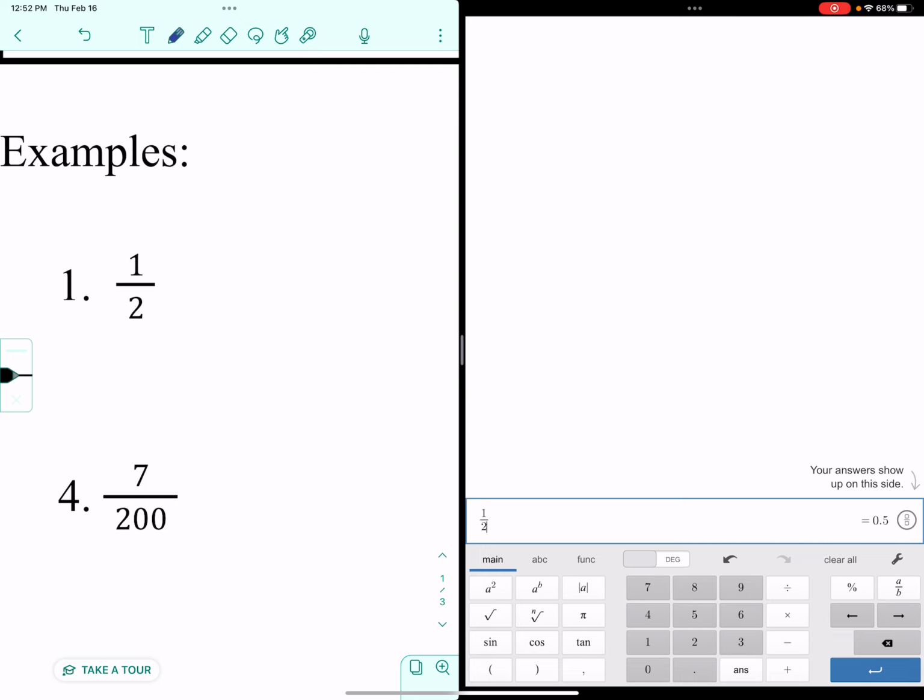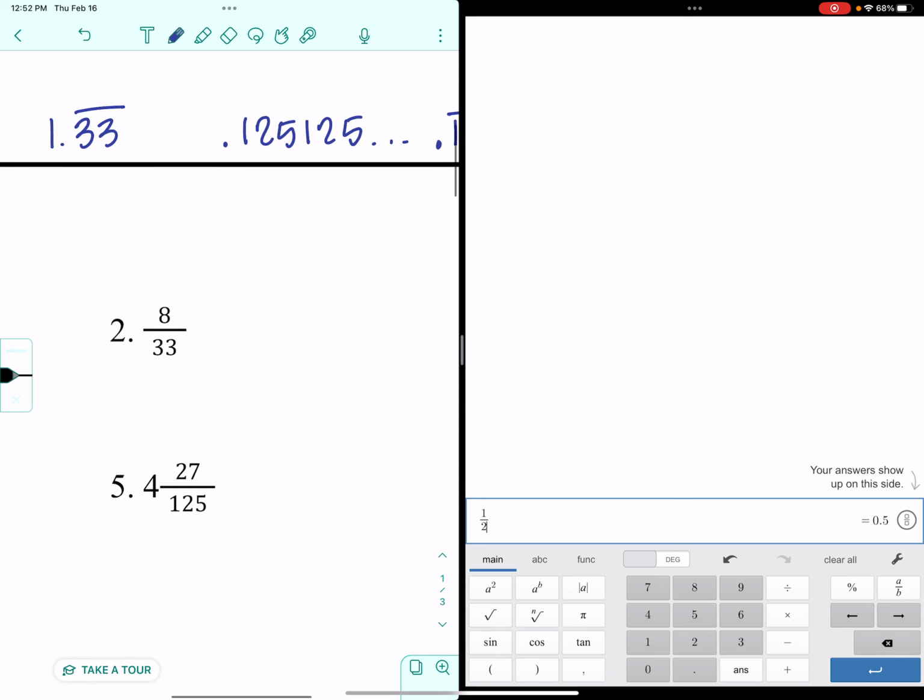Sometimes it's a little tricky. A 2 on the denominator. And it shows me over there on the right-hand side what the decimal is. So I can see that the decimal for 1/2 is 0.5.